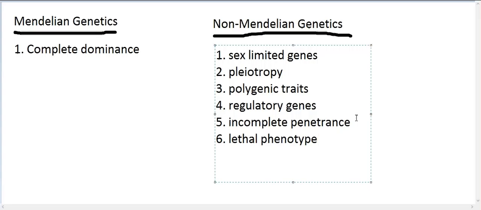Basically, for lethal phenotypes, let's just say you'll get something where these genotypes are fine, but this genotype equals death, and that death usually occurs while the fetus is barely forming.